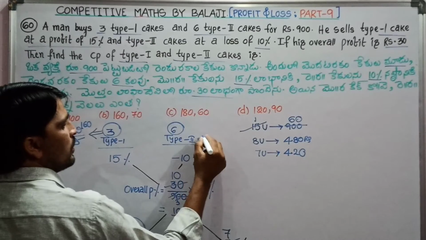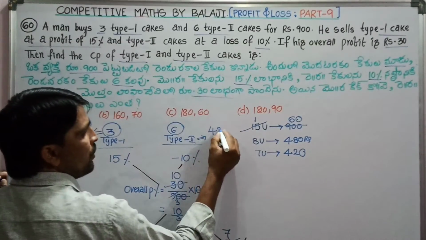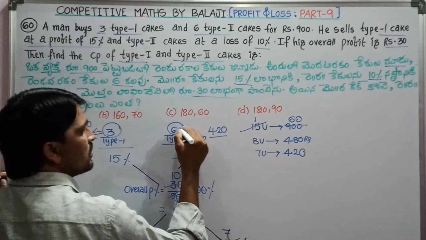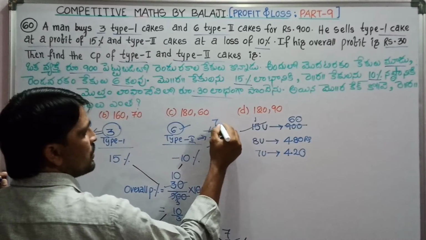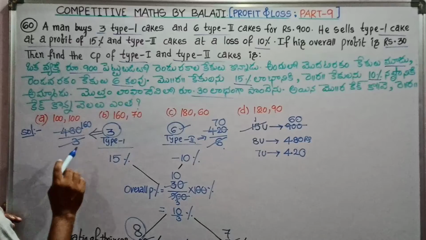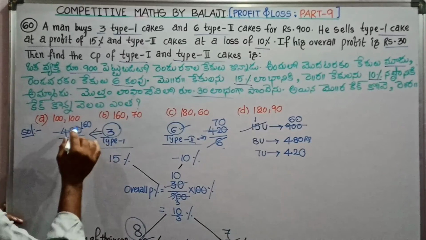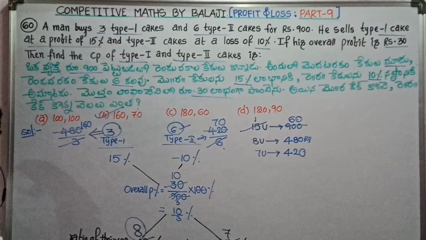So cost of each cake of type 2 is total amount 420, and we bought 6 type 2 cakes. So 6 7s are 42, 70 rupees. So the cost of each of type 1 and type 2 cakes are 160, 70. So answer is B. Okay.